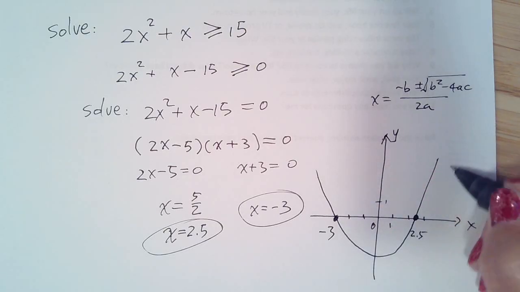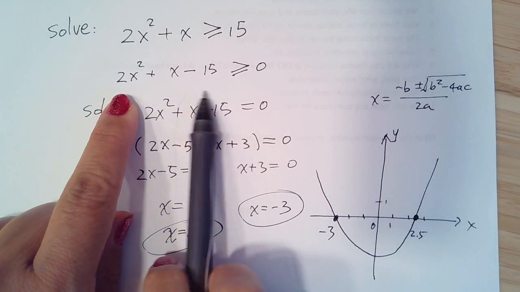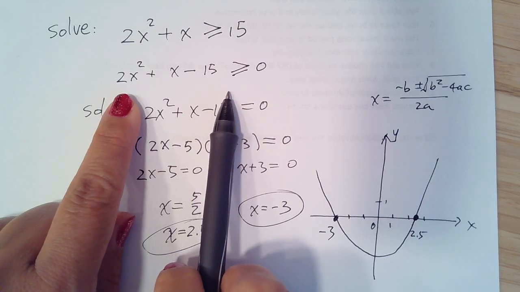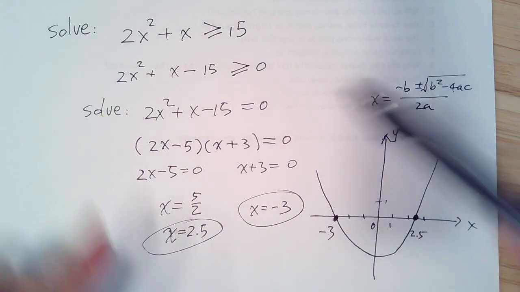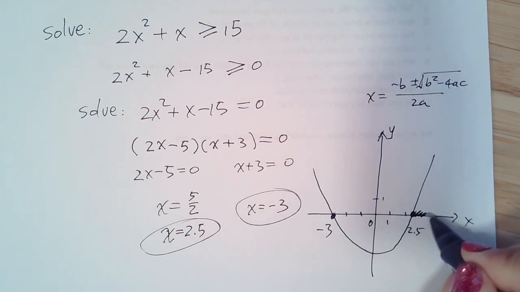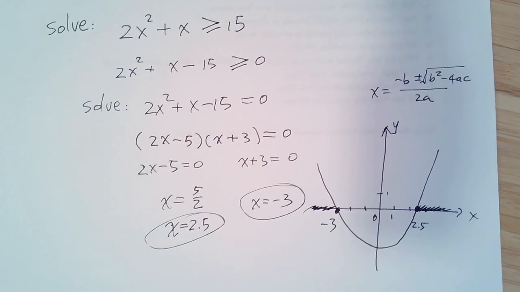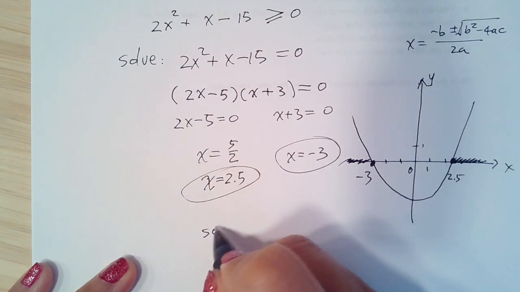If you have this pattern, then I am asking when this is greater than or equal to 0. Greater than or equal to 0 means above the x-axis. So from here to the right and from here to the left. Can you see that? Therefore, your solution is this.